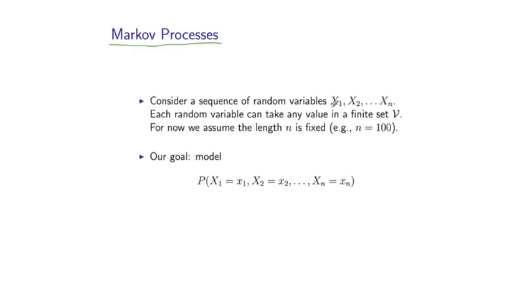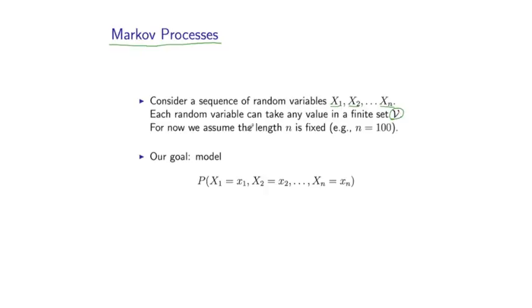We have a sequence of random variables, x1, x2, up to xn, and each random variable can take any value in a finite set V. For example, V might be the set of words in the language which we're interested in.